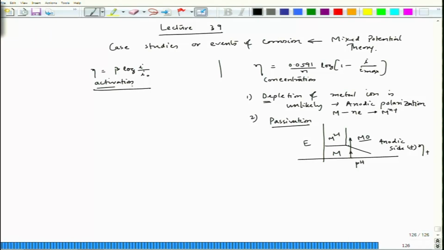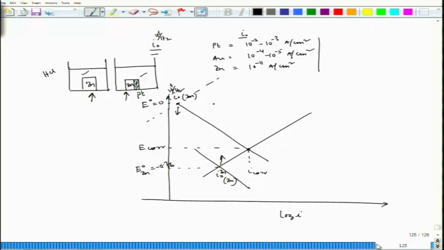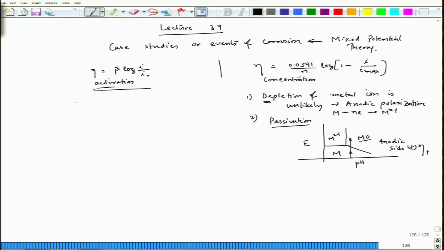In the last lecture, at the end, we started talking about the effect of galvanic coupling of a metal object which is active with a noble component. We started looking at a combination of zinc and platinum in acid media.